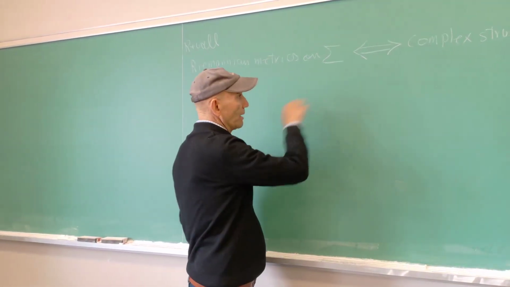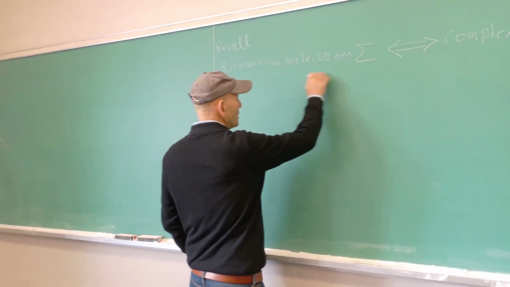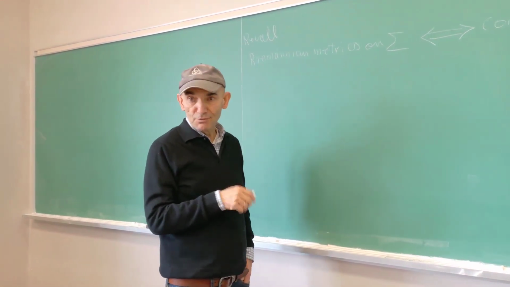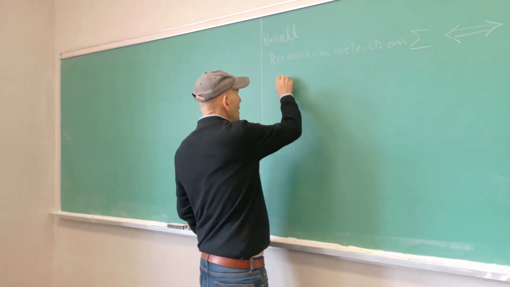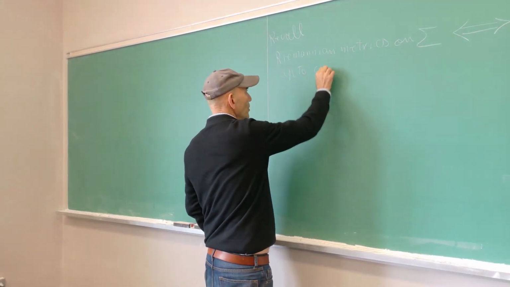It's not quite back and forth. We'll see that basically it's Riemannian metrics on sigma up to conformal equivalence.